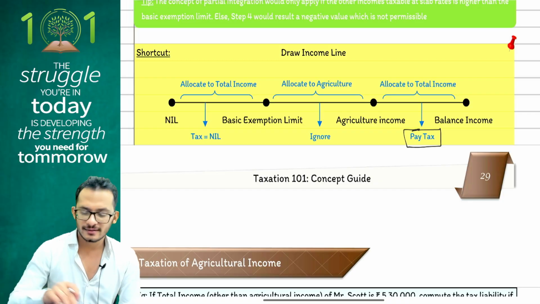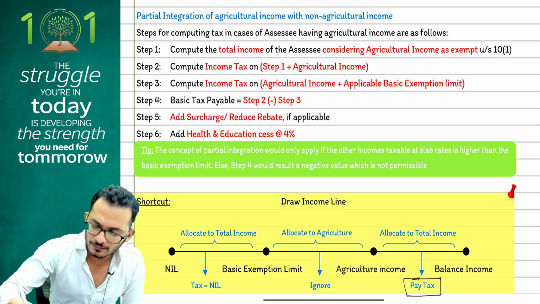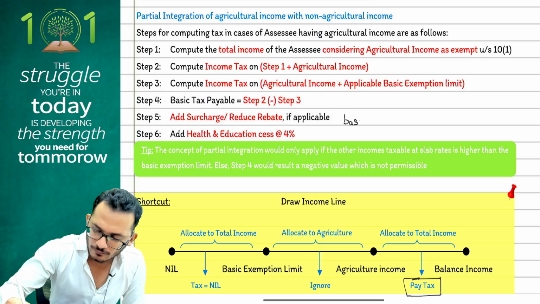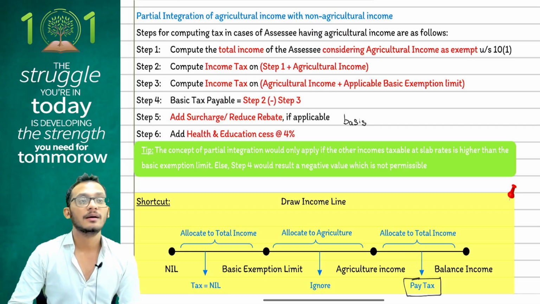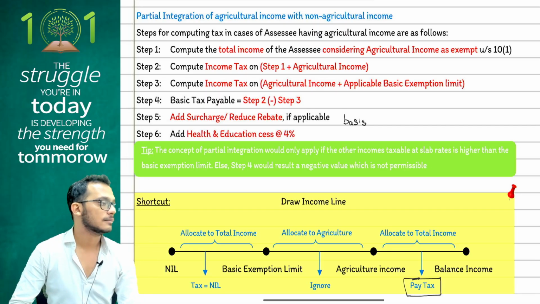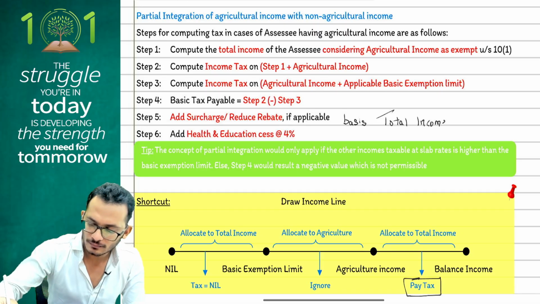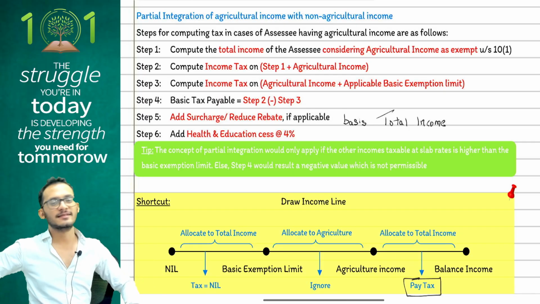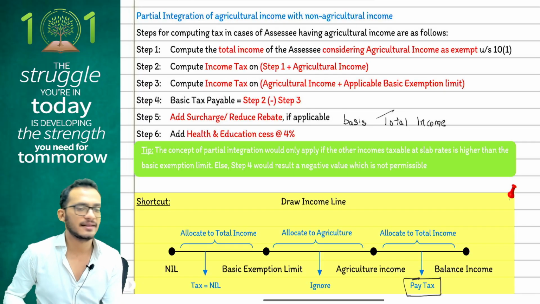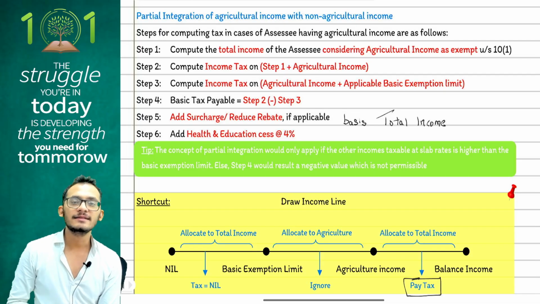You can make a note here, people. Surcharge rate is applied on the basis of the total income, not the overall income. Apply surcharge and cess basis the total income. Now, this is definitely not going to be tested in exam, but just be careful about it. Clear? That is what you have to remember.